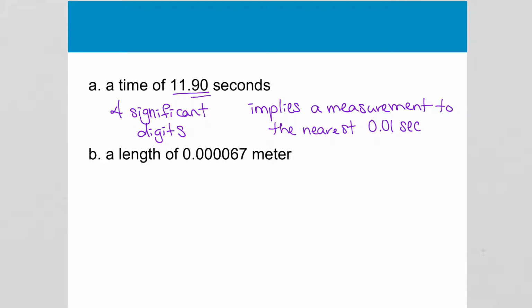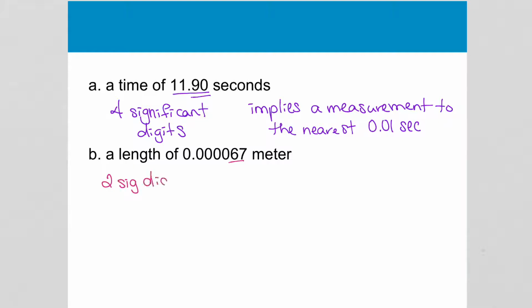A length of, let's see, tens, hundreds, thousands, 10,000s, one hundred thousands, millions. So 67 millionths of a meter. This has 2 significant digits.